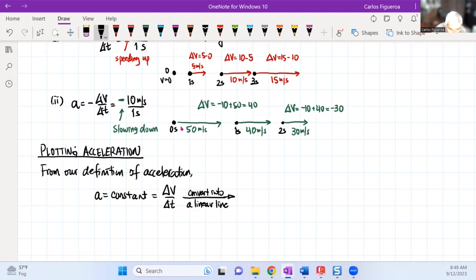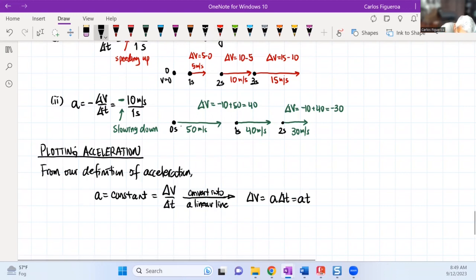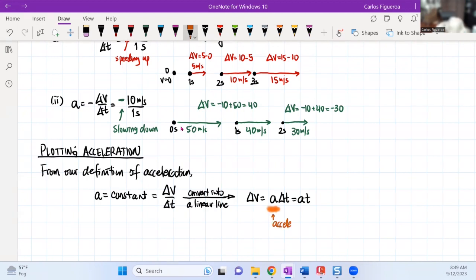I'm going to solve for delta V. So if I solve for delta V, and doing exactly what we did last time, I define delta T as T. And so what you're seeing right here is that the acceleration is the cause of changing velocity, just by looking at that equation right here.